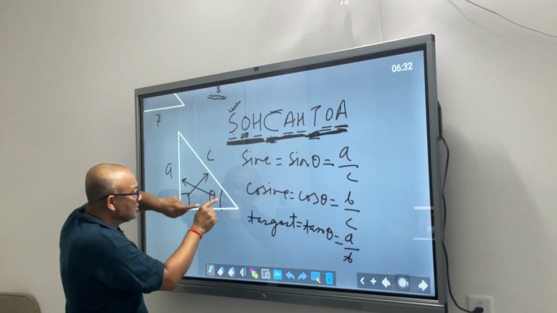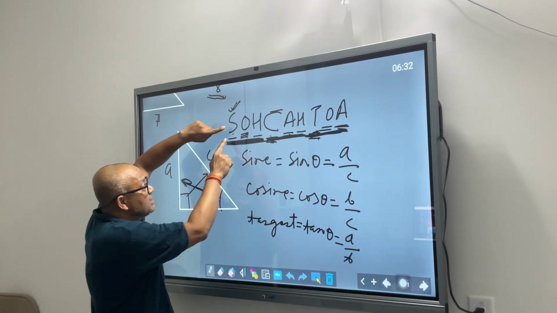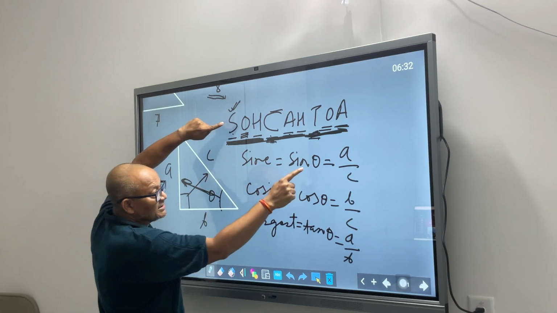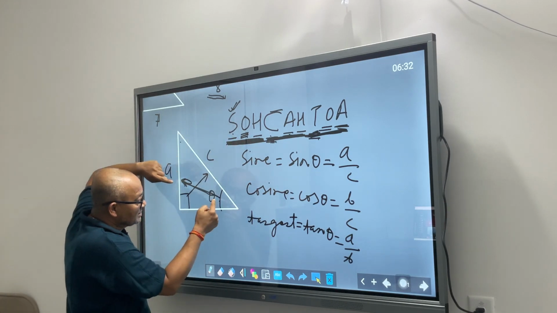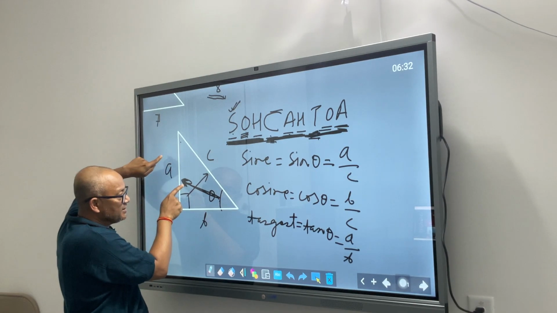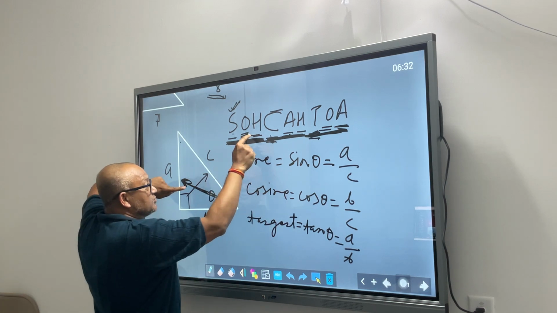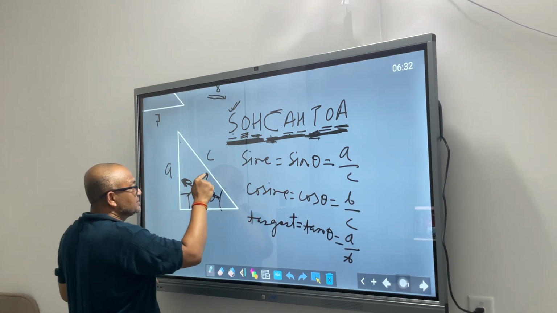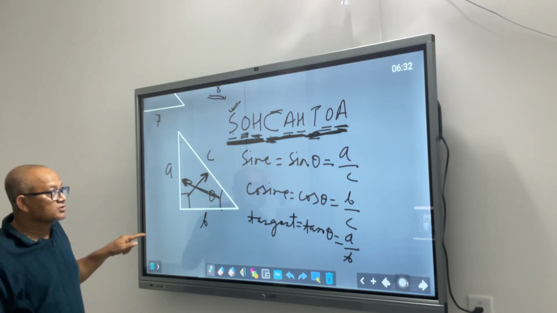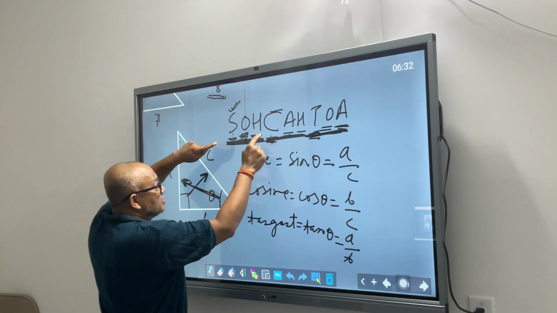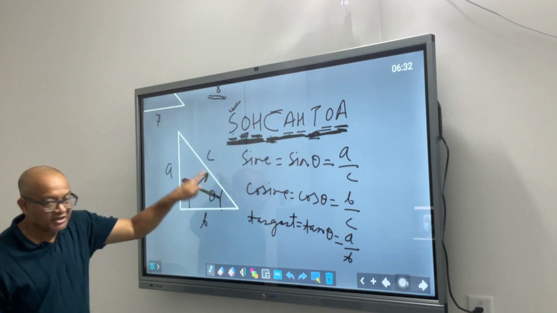Sine of this angle theta is equal to the side opposite to this angle, which is A here in this triangle, divided by hypotenuse. What is hypotenuse? Hypotenuse is the side opposite to the 90 degree. So sine of an angle is opposite side by hypotenuse. In this case, sine of theta is opposite side A divided by hypotenuse C.